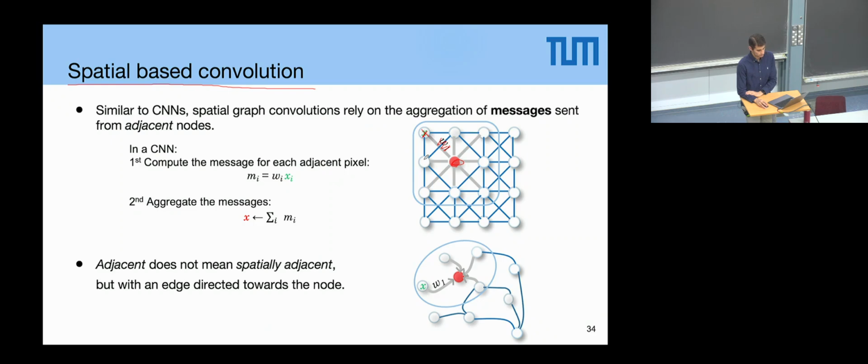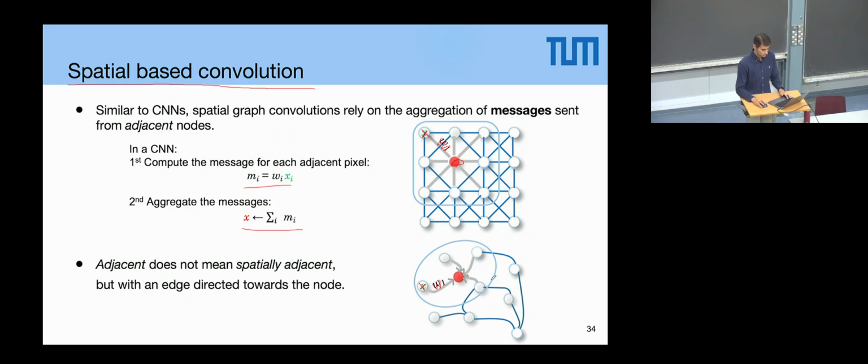We do that with all of the neighbors and also with the central node, and add the result. So here we have that multiplication and this summation. We could do the same with a GraphNet. For each of the nodes we have some feature, we multiply it with a weight for each of the edges, and we add it. So that's the general idea.